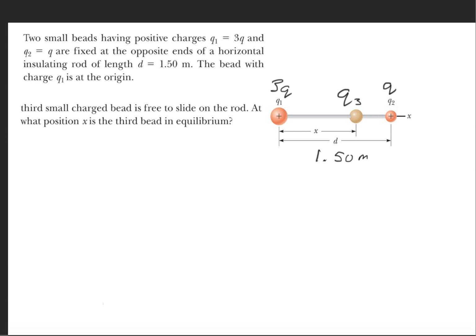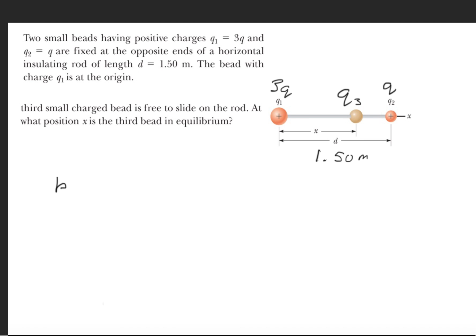So at what position X is the third bead in equilibrium? To find this, the Coulomb force that both of these particles exert on one another will have to be in equilibrium for this to not move. So what we're going to do is set the Coulomb forces of charge 1 and charge 2 relative to charge 3 equal to one another.